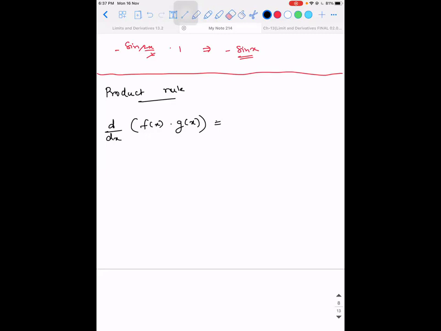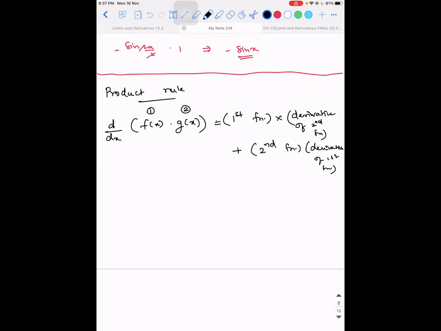Till you get used to it, number them. f of x, if I call it the first function, g of x will be the second. So it is the first function into the derivative of the second function, plus, that's the formula, the second function into the derivative of the first function.